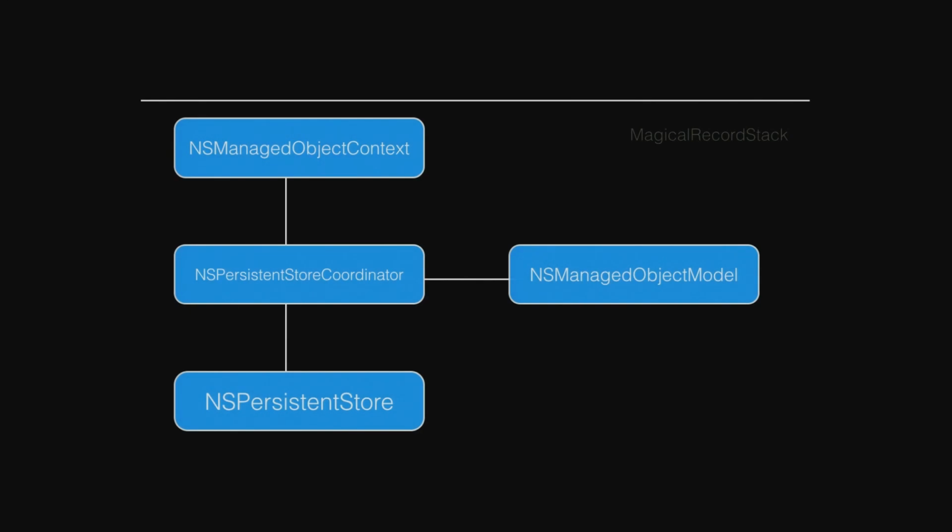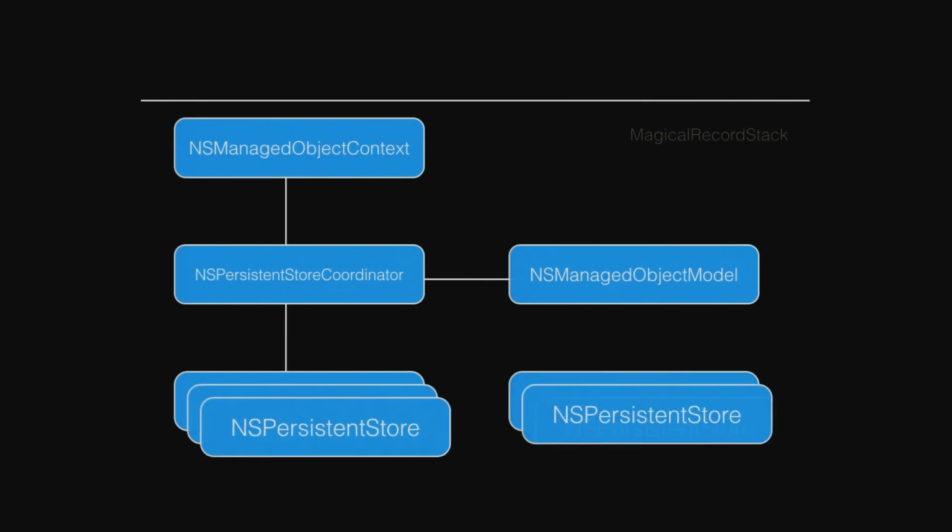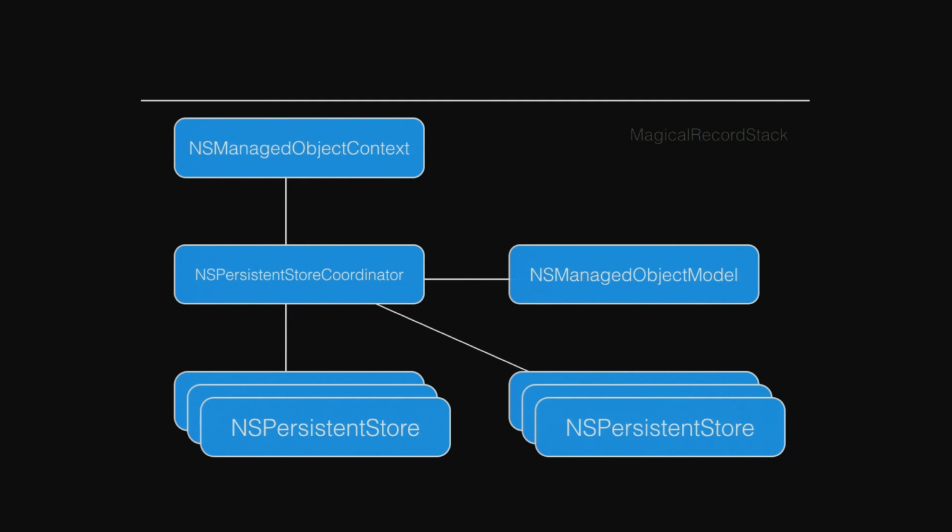So over here we've got another regular starting point. And another setup that we could have is multiple stores. Core data is extremely flexible. It does a lot of things. There hasn't been a data scenario that I have not been able to solve with core data yet, at least.